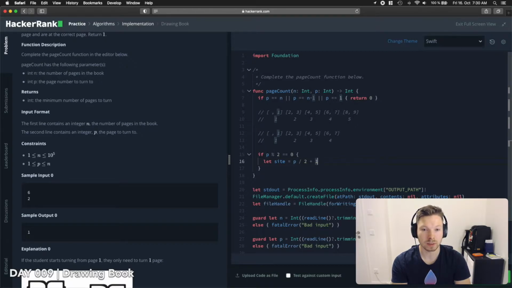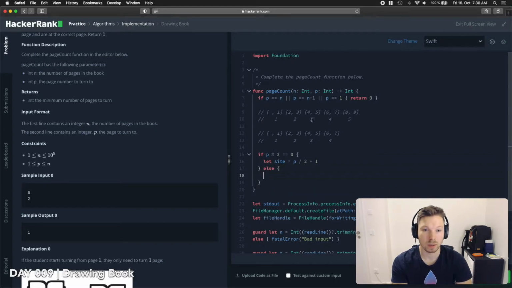Okay, so if it's unequal, then we want to say plus 1 and then divided by 2. Right? Plus 1 divided by 2.